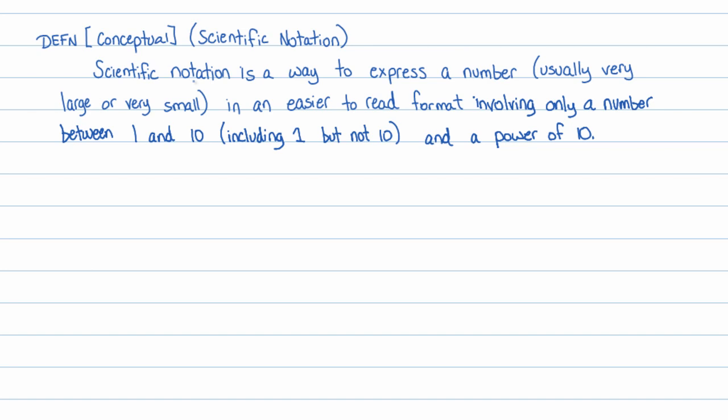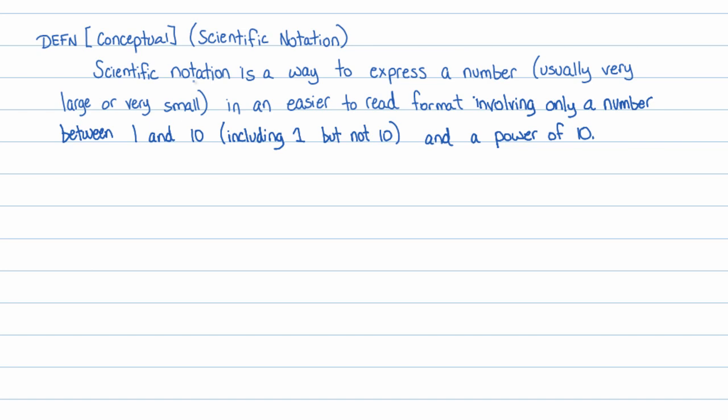We first begin with a conceptual definition of scientific notation. And like all conceptual definitions, there's some flaws with it, but this is for you to get an idea of why we use scientific notation, what scientific notation actually is. Truthfully, scientific notation was created so that we can understand what a number is without reading the number completely.